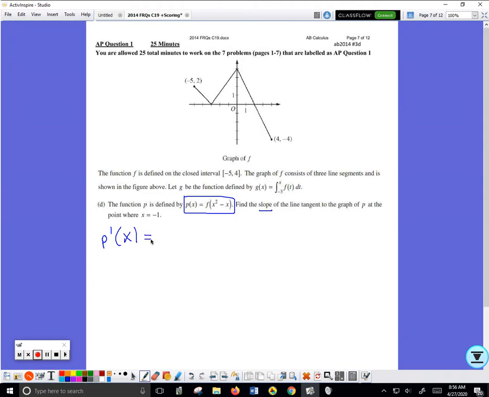So this is the chain rule. When you're taking the derivative of f of something, that's f prime of that something multiplied by the derivative of the something. That's the chain rule.